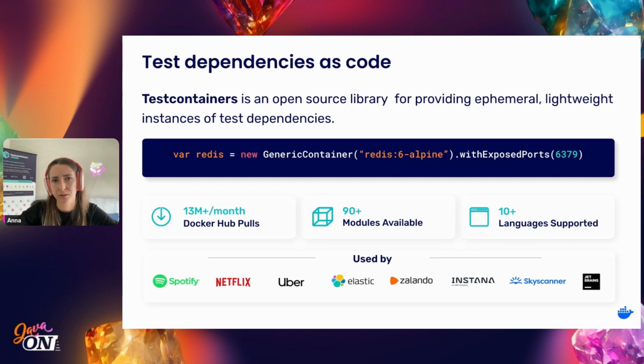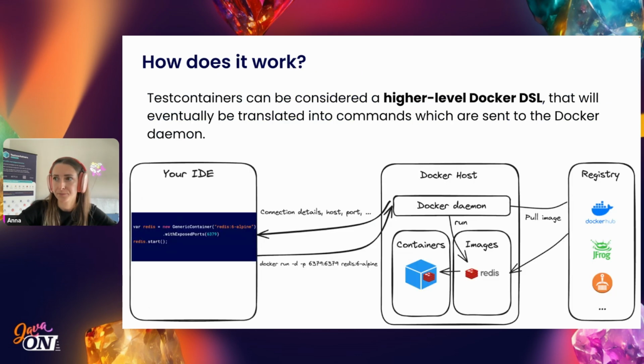So you can think about it as programmatic Compose. You just define what you want to start, like in this case, I have a Redis example, and you have your Redis up and running. This is pretty convenient. We have a big community, more than 30 million pulls per month from Docker Hub, and we have a lot of public cases from Spotify, Netflix, Uber, etc., talking about how they introduced Testcontainers to their integration testing.